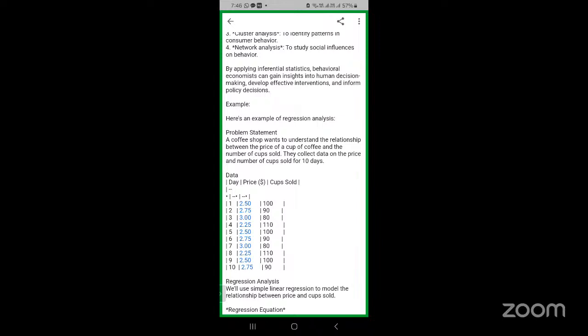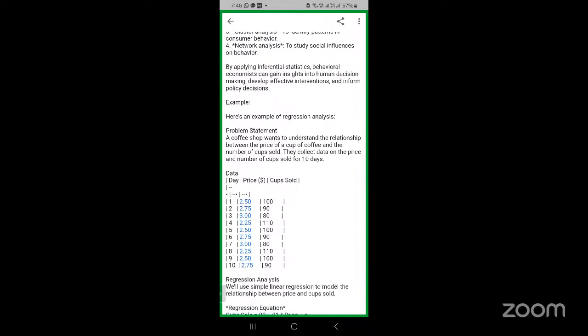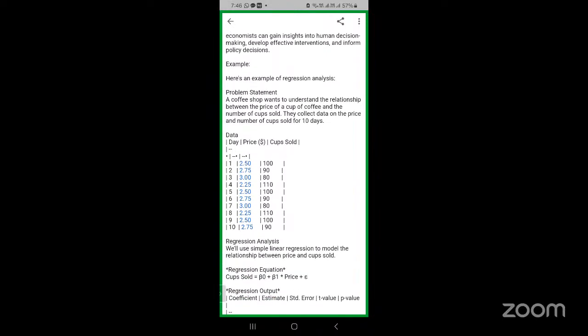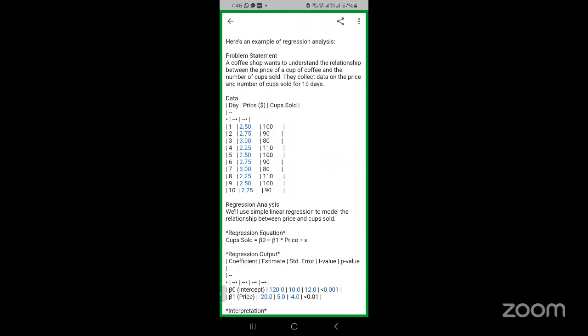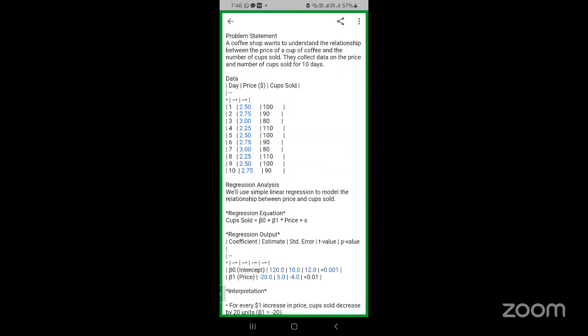First is the day, second is the price, and third is the cups sold. We will use simple linear regression to model the relationship between price and cups sold.